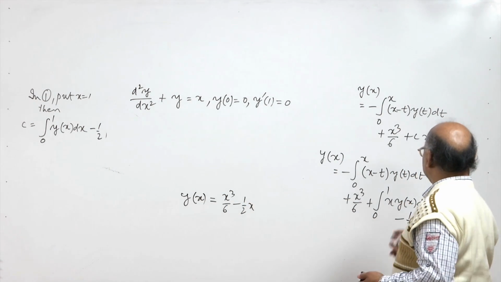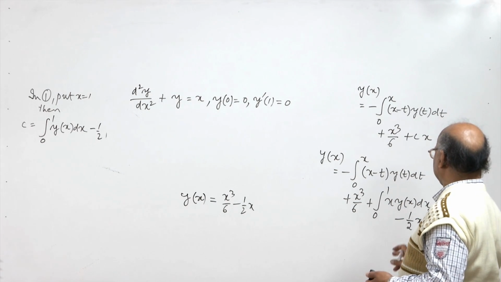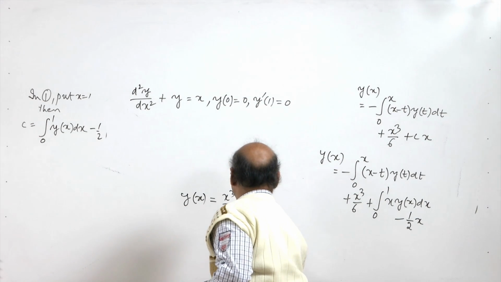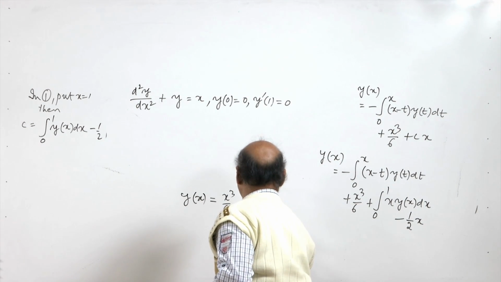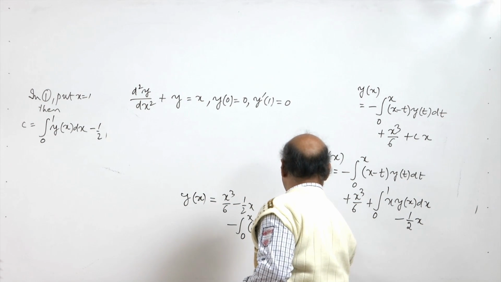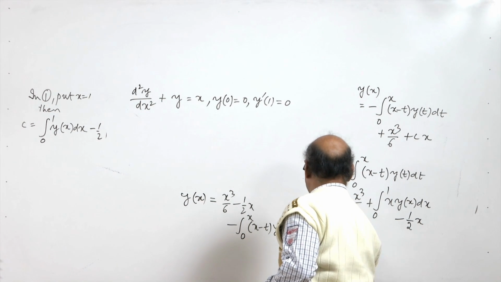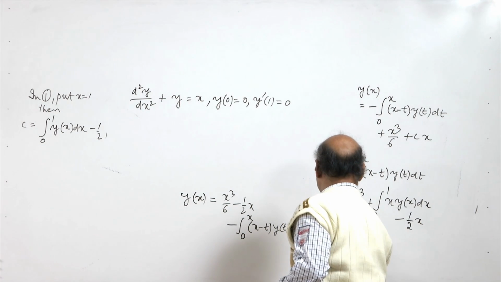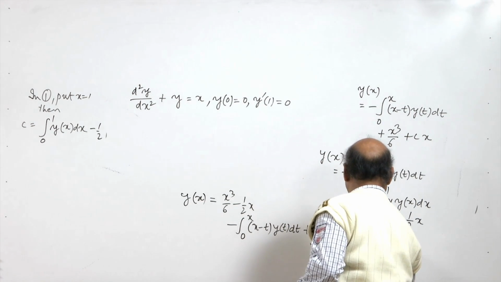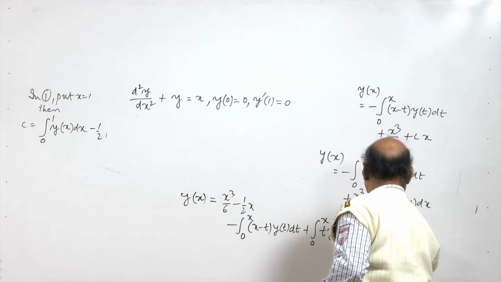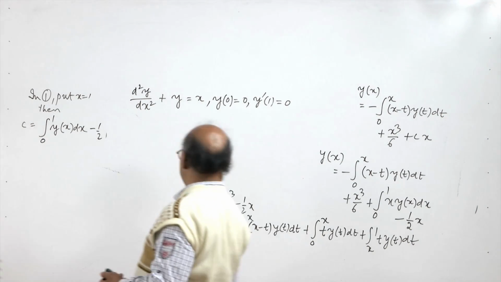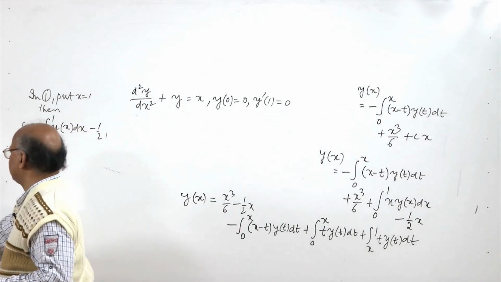Now here you can write t y(t) dt because it is a definite integral, so we can write integral 0 to 1 t y(t) dt and write it as minus integral 0 to x, (x - t) y(t) dt, and that can be broken into two parts, 0 to x t y(t) dt plus x to 1 t y(t) dt.